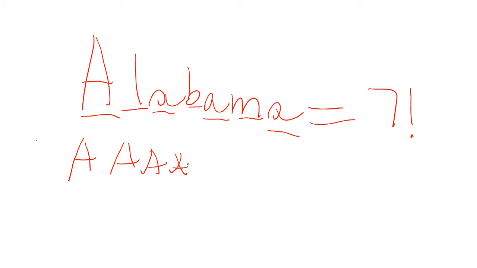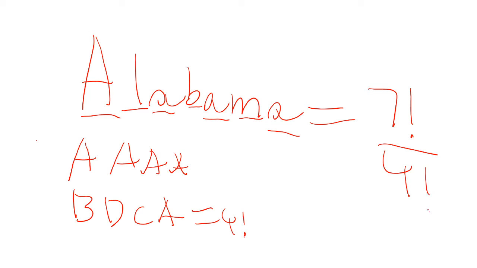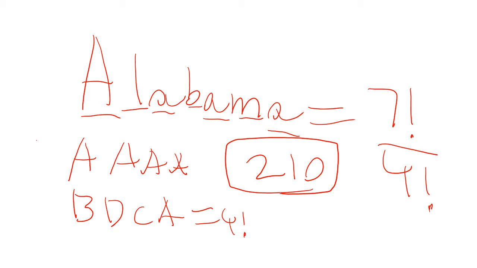If the A's were different, let's say this is just B, D, C, A, we'd have 4 factorial ways to arrange them. Since we have a similar thing here, we divide by 4 factorial. And 7 factorial divided by 4 factorial is our answer, which simplifies to 210. So that's how we would approach this type of problem.